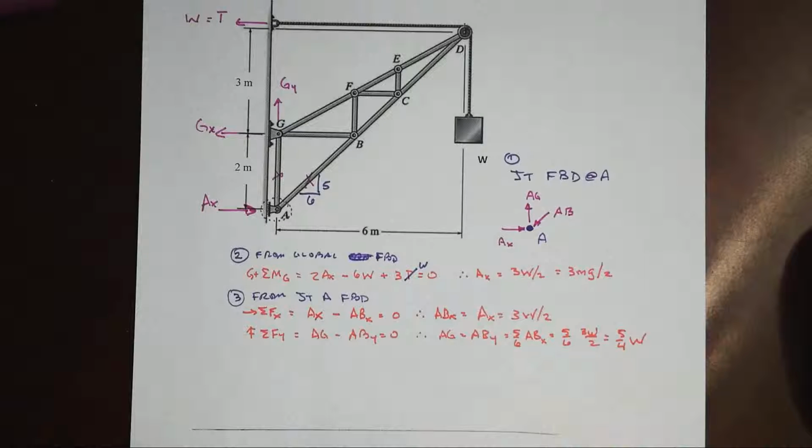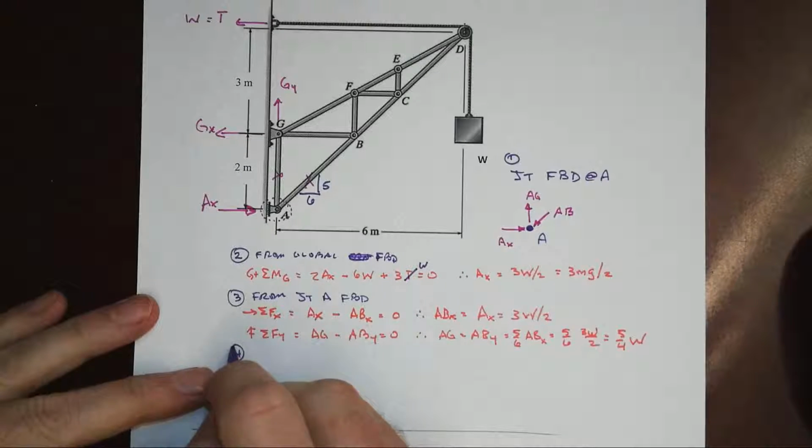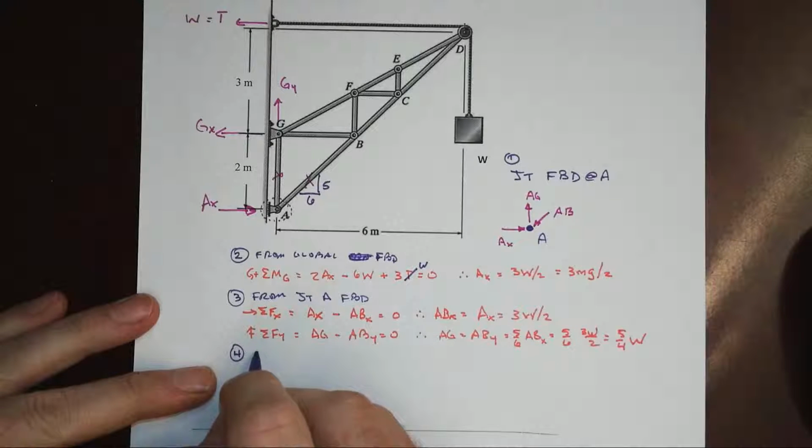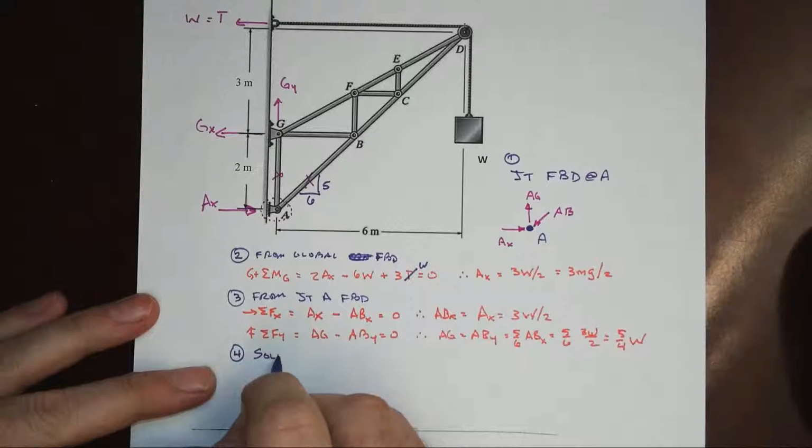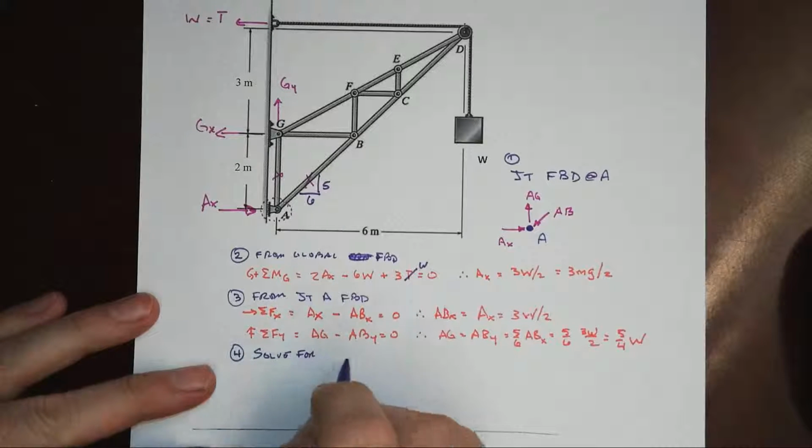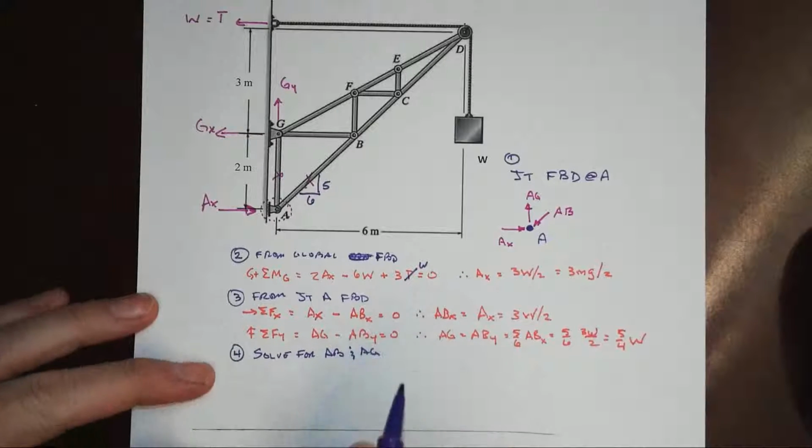Now we're almost done, but not quite. We now need to find our actual values for AB and for AG.